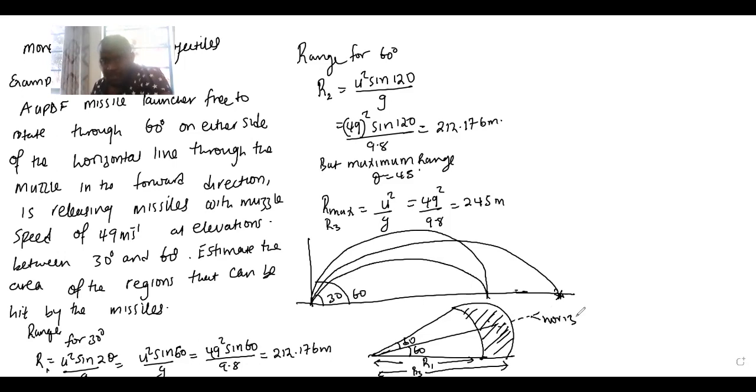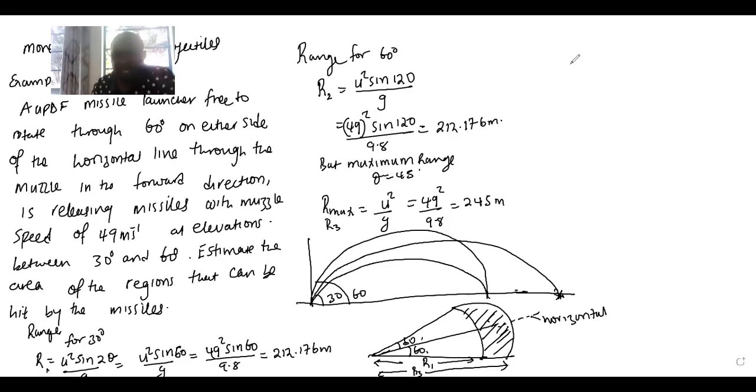Remember they say the missile can rotate through 60 degrees, so it can rotate through 60 here and also 60 here. It can project at 60 on the left and at 60 on the right, so the angle between those two rotations is 120.